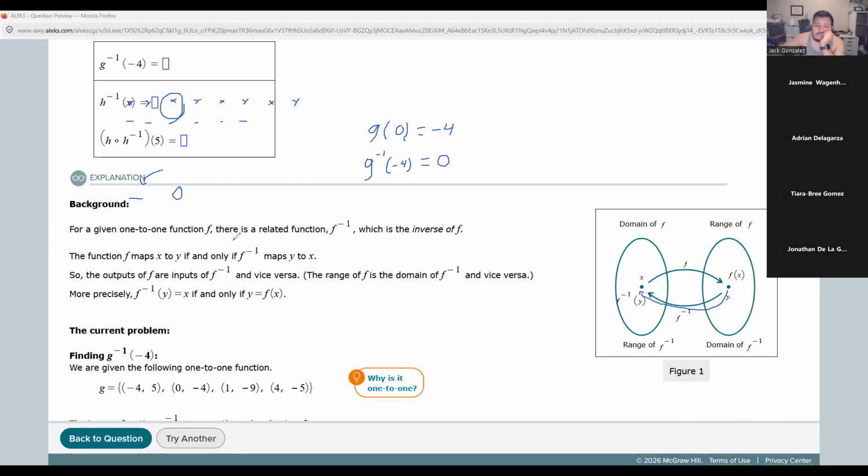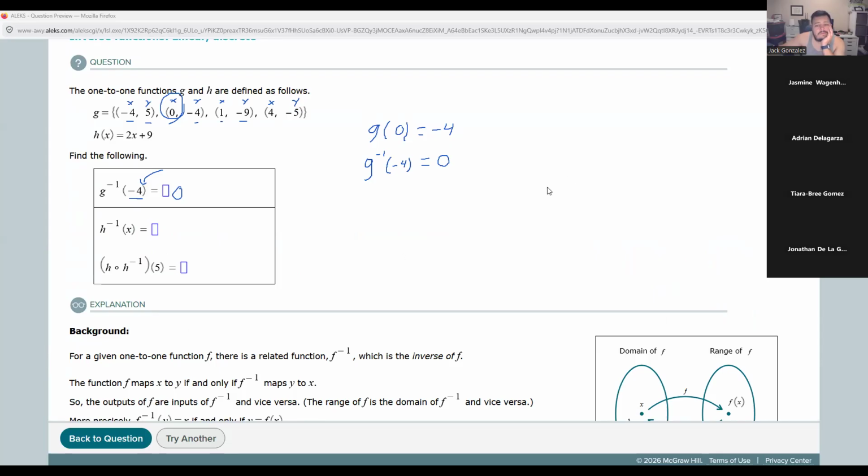So if my y value is -4, what is the x that gave you -4? It sends it back to the x, so it sends it back to the zero.